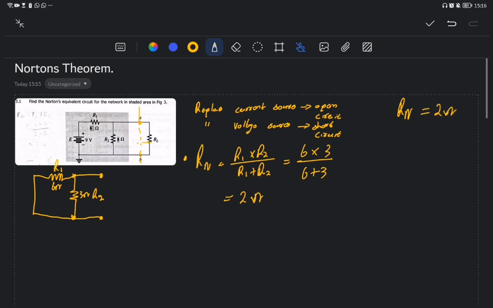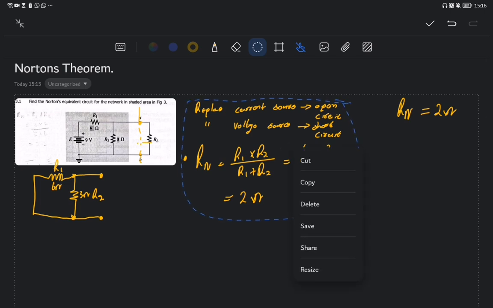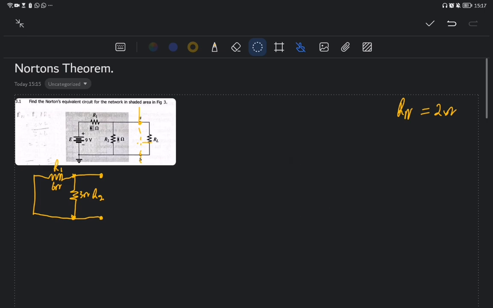Then what we need to do is replace everything back. Any current source or voltage source we removed, you must replace it back and calculate the current which will flow across that load section. So let's erase that circuit which we redrew.